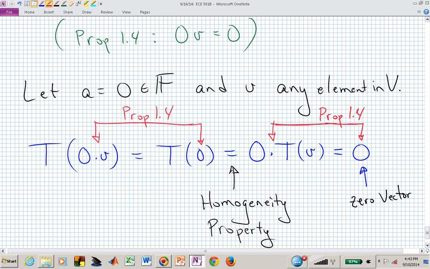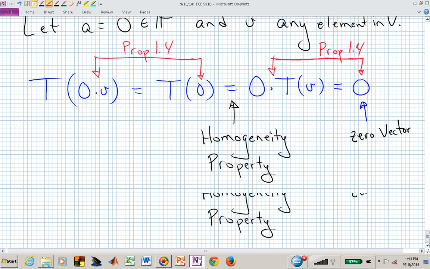It's 0 times a vector is equal to the 0 vector. And if we compare some of these terms in this equation that are equal, we have T of 0 is equal to 0. That means that the additive identity needs to map into itself for a linear operator.